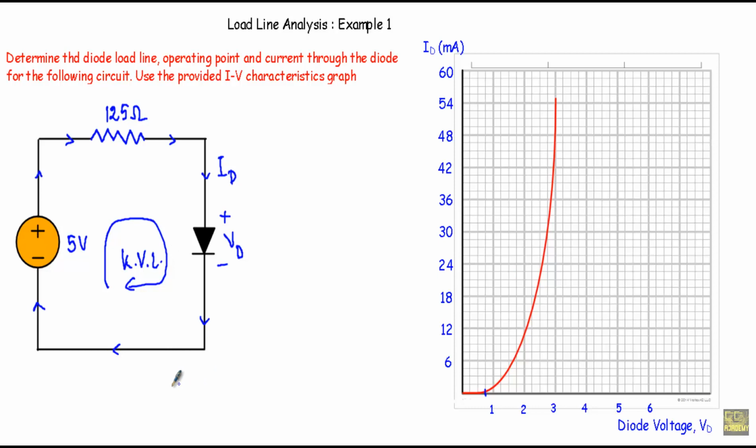If I apply KVL, I will get plus 5 minus ID into 125 minus VD equal to 0.